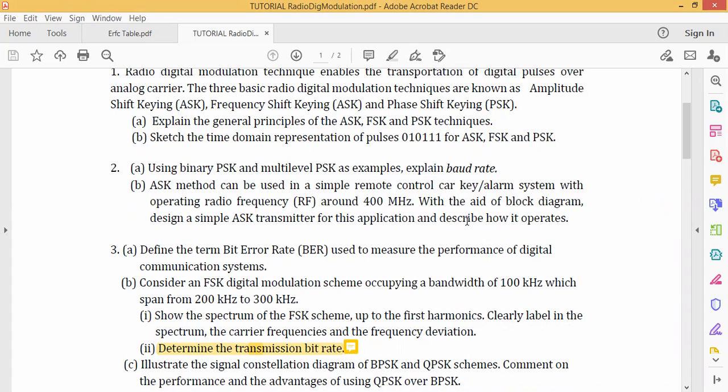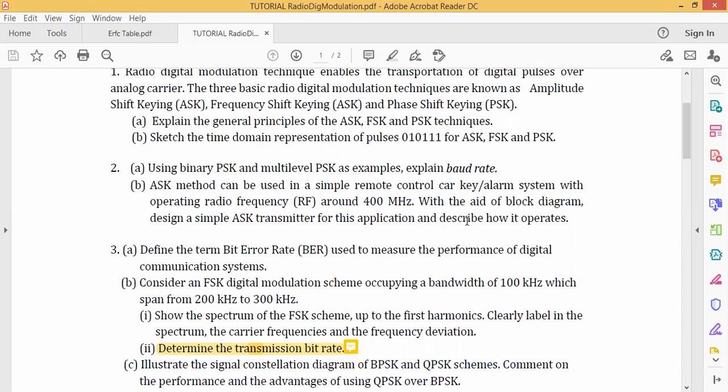So you know the ASK transmitter, right? I've shown you in the lecture the transmitter for ASK. You can use some kind of switch. This is one example.